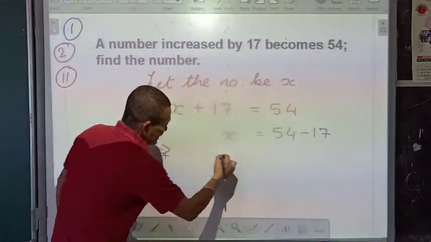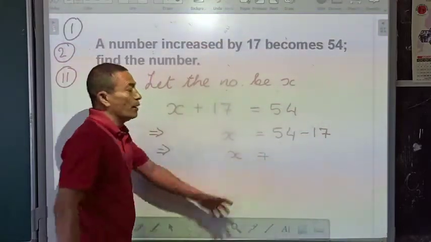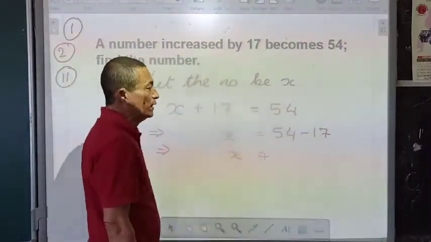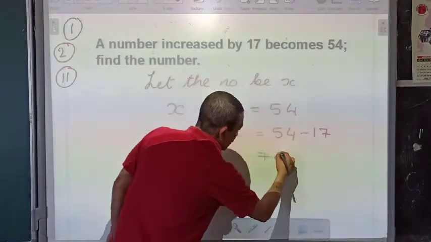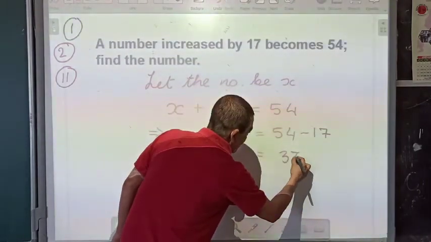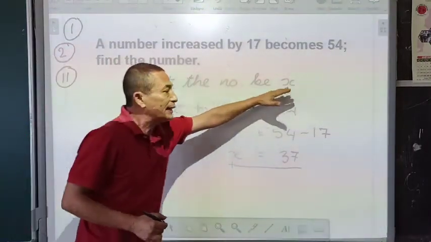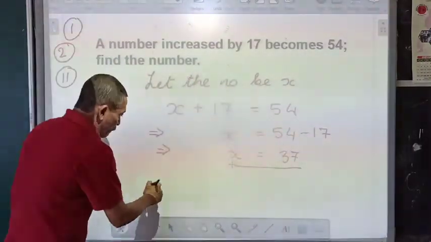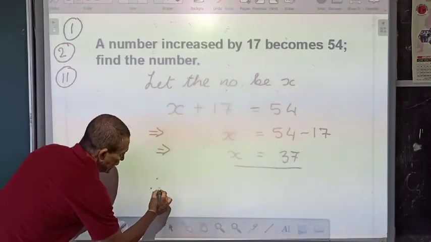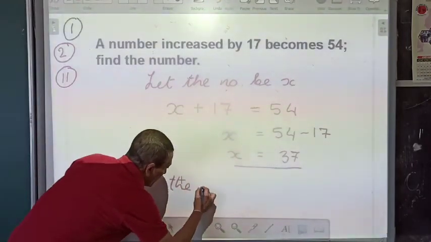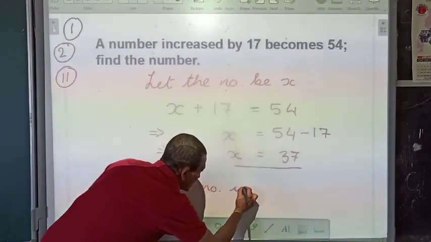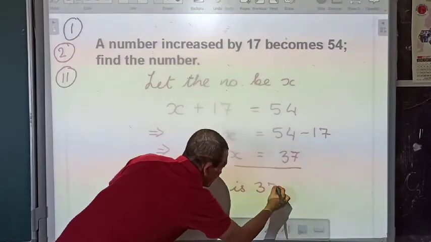So finally I can say x will be equal to 54 minus 17 will give us 37. So the value of x is 37, and I have assumed that x is the number. Therefore, I finally write the statement. Therefore, the number is 37.